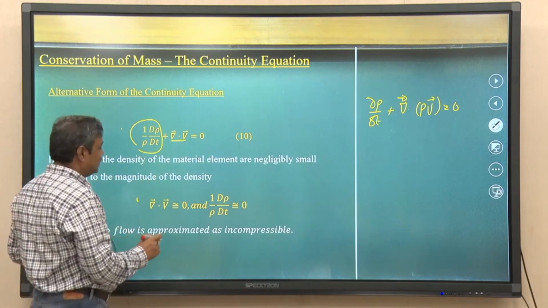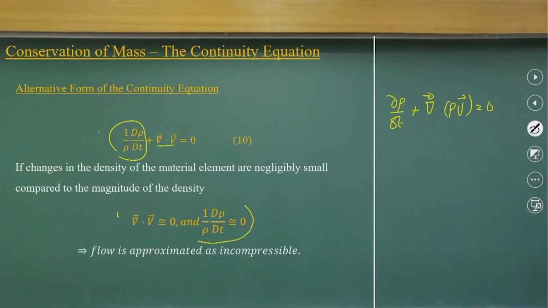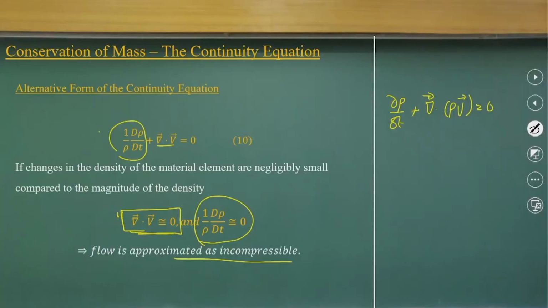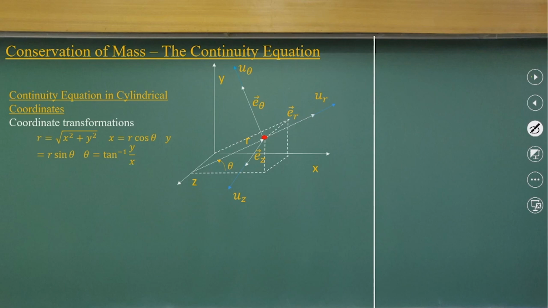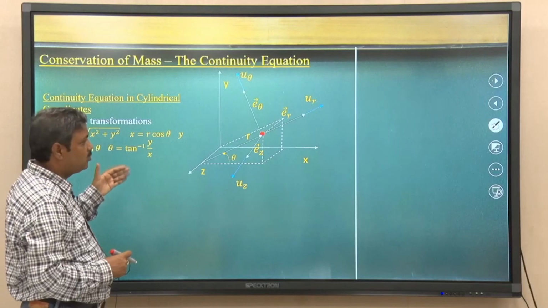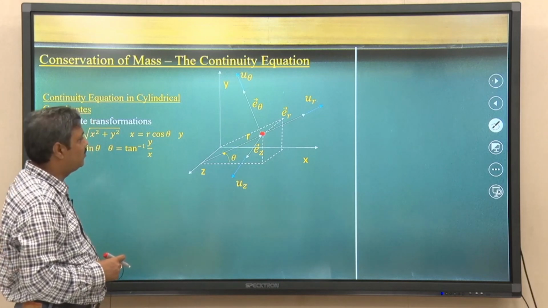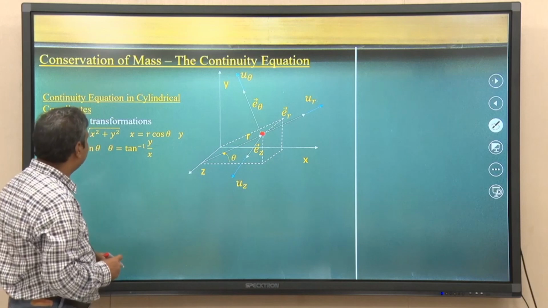If this value is equal to 0, then we will have the velocity divergence equal to 0, which is approximated as an incompressible flow. Okay. Let me put it in examples. When we derive it, I am not looking at detailed derivations of that part. Those who are really interested can look at the Sengel-Cimbala book for detailed derivations.